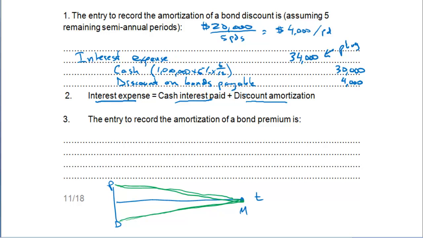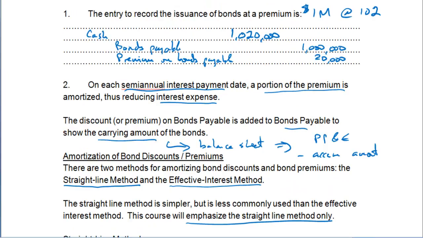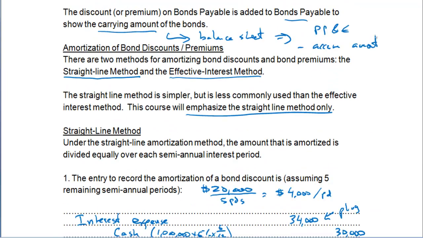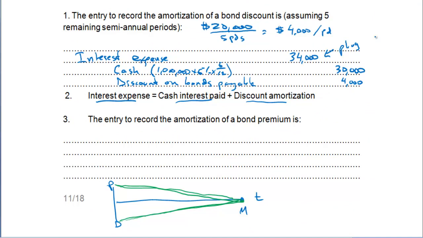All right. So same example, except now we're going up here for the bond sold at a premium. Right, $1 million bond sold at 1.2. So the entry to record that is likewise always a debit to interest expense and a credit to cash, and the cash amount we worked out as being $30,000, right?